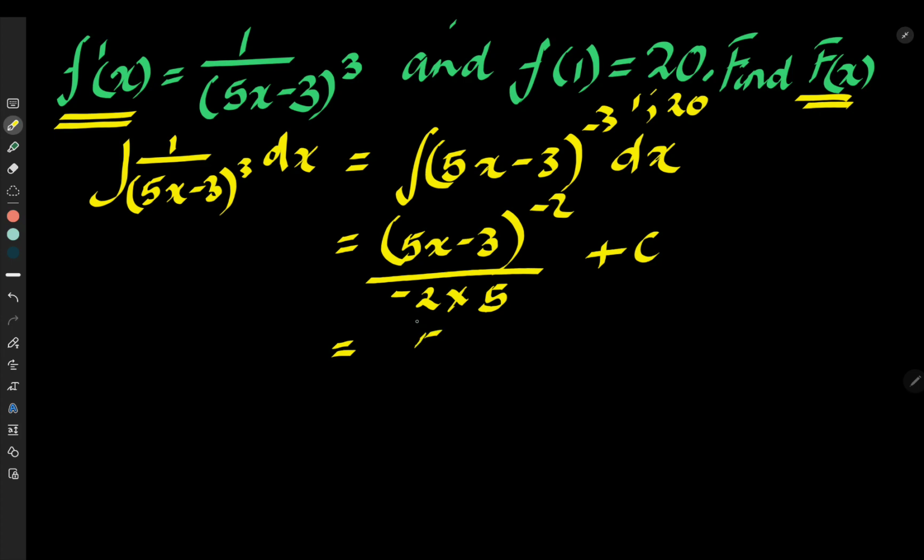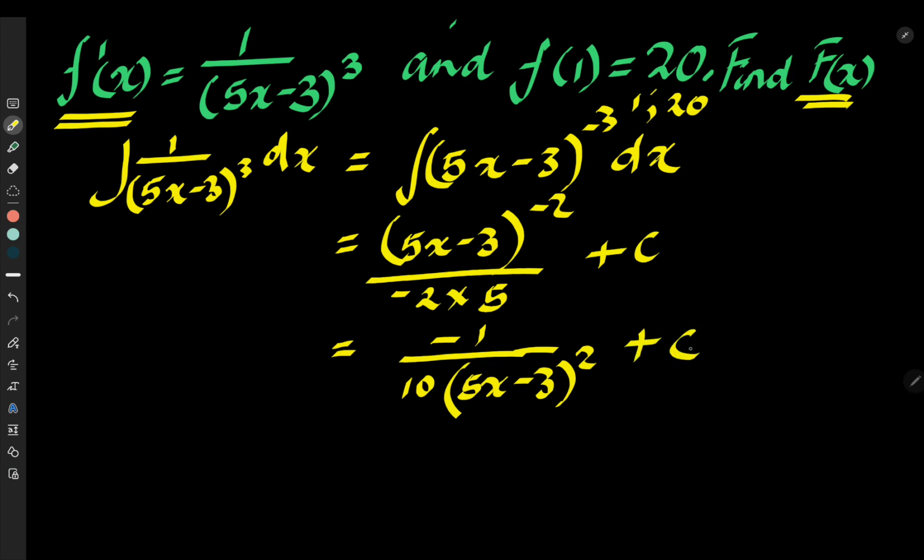This can be further simplified. Actually, you can write it as a positive index, and that would be negative 1 divided by 10 times (5x - 3)^2 plus a constant c. Now remember, we are given the point (1, 20), so we can calculate the value of c. This is f(x), and f(1) is 20.